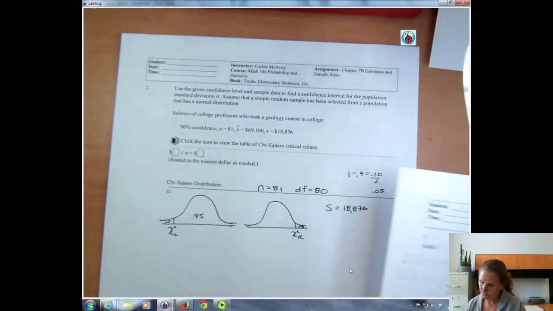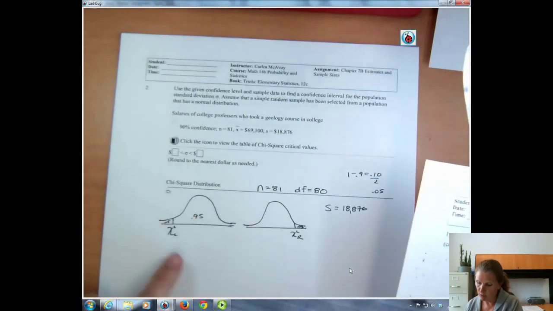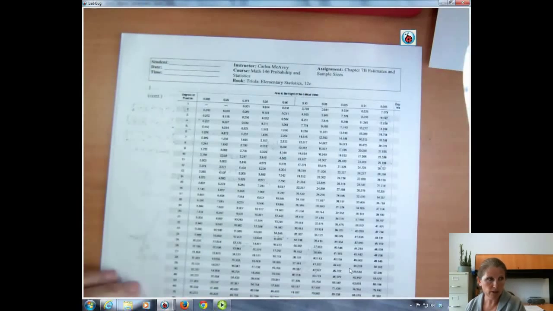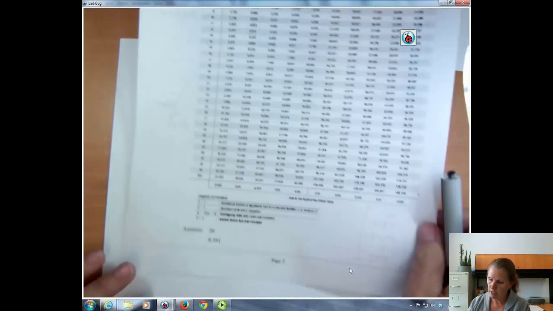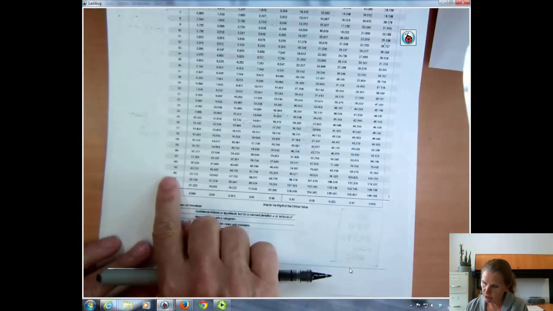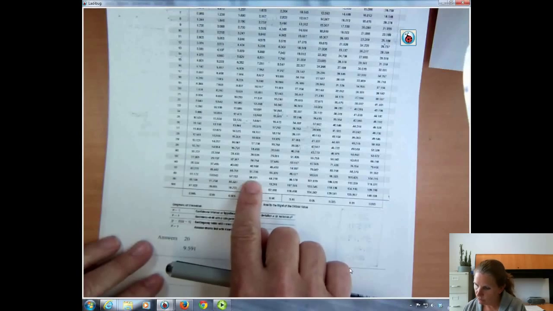Okay, so my degrees of freedom is 80, and I'm looking at 0.95 for the left. So if I go down here to 80, and then I go to 0.95 on the top, you may not be able to see the top there, but it goes over to the fourth place.